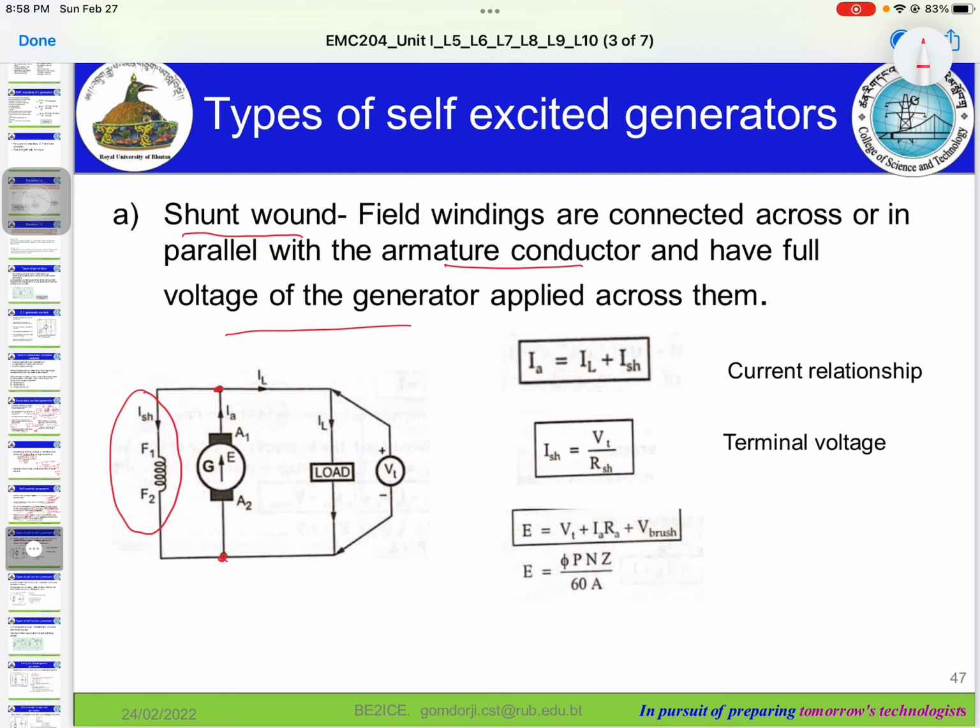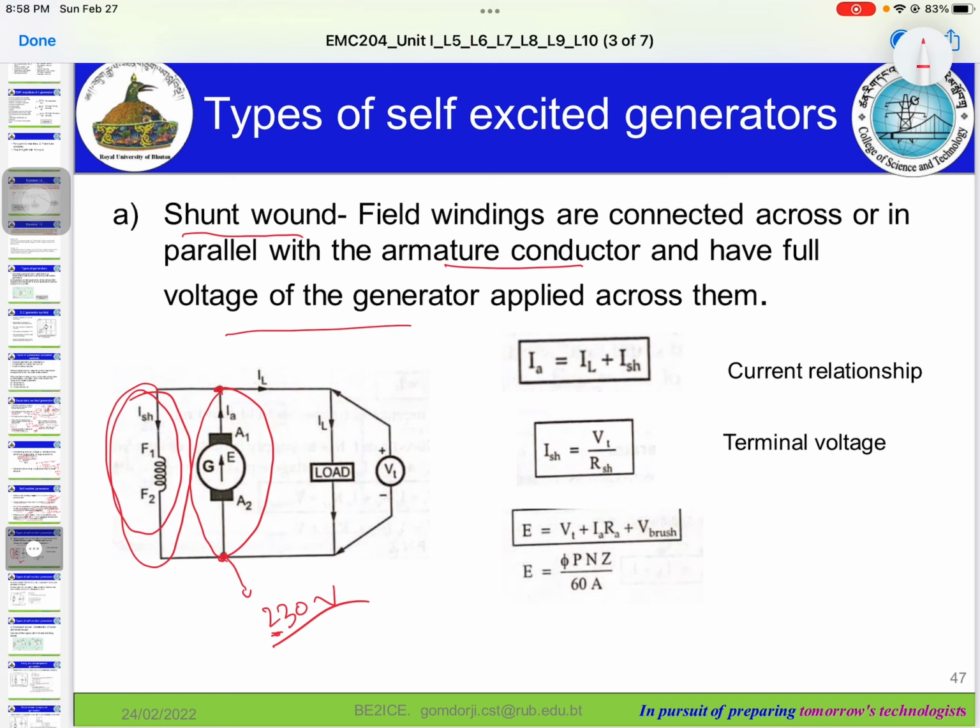For example, if the rating of this generator is 230 volt, then this voltage is also supplied to this field winding.